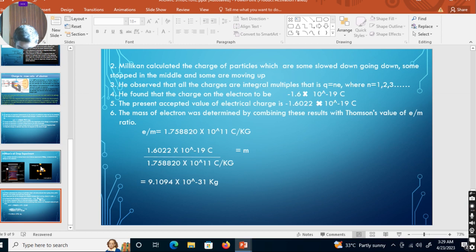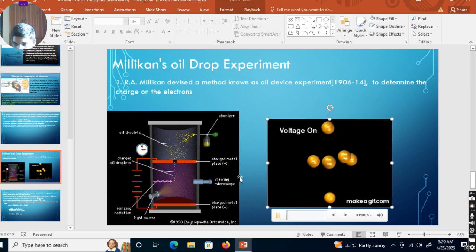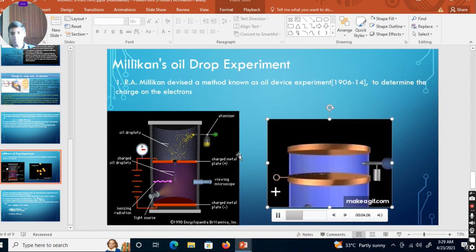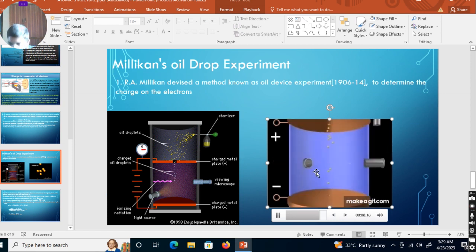Now, let us see a small demonstration. With the voltage, the droplets become charged and they move from the positive plate to the negative plate. Through this hole, we send X-rays, and they collide with the droplets, acquire charge and slow down.